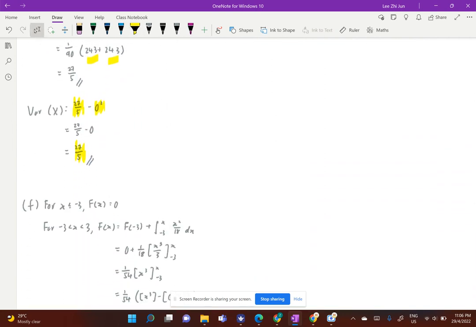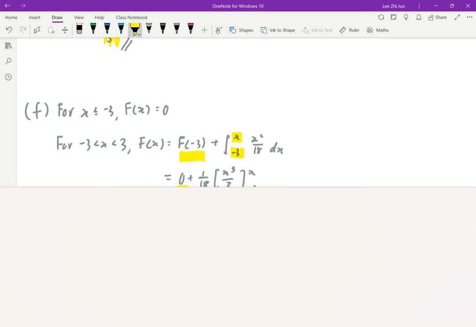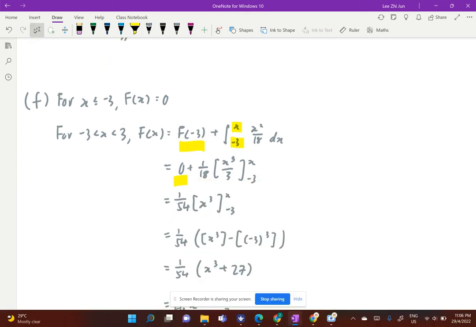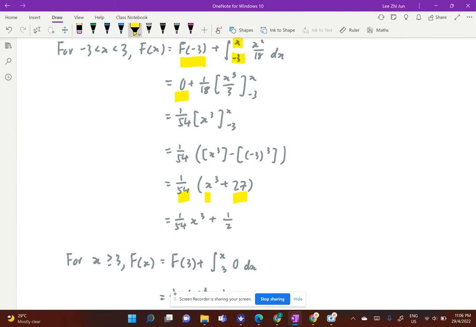Okay, for x smaller equal to -3, so F(x) equal to 0. There's nothing between these, -3 and 3. So just 0 plus this x and lower boundary. So I will get the function as x cubed plus 27, times this 1 per 54, so 1 per 54 x cubed plus 1 per 2.